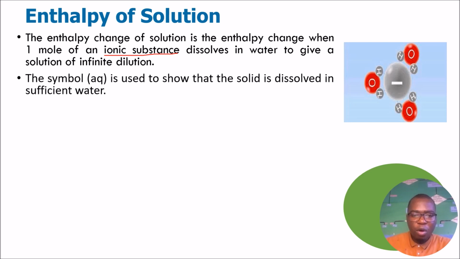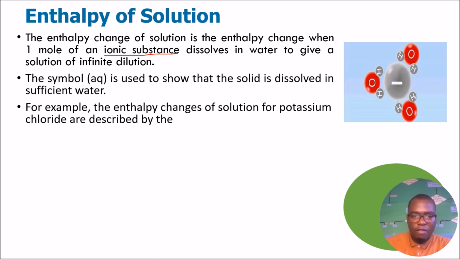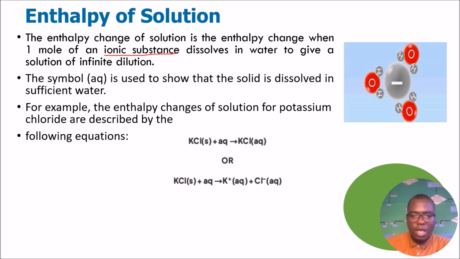The symbol aq is used to show that the solid is dissolved in sufficient water. For example, the enthalpy change of solution for potassium chloride is described by the following equation. Number 1, it can either be shown like this: KCl as a solid, you add aq, which is water, and then you just change the state from solid to aq.